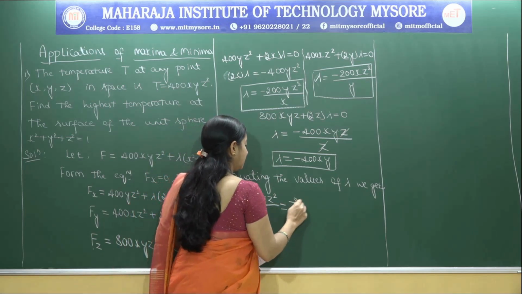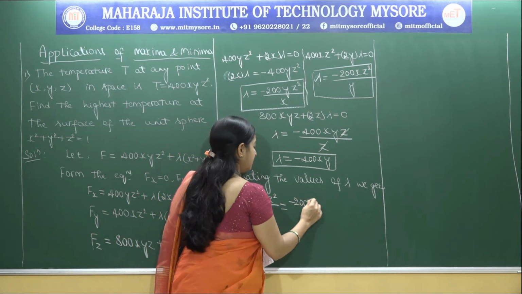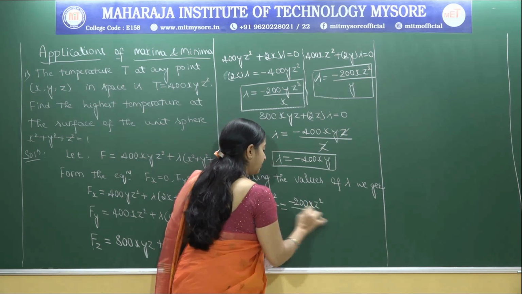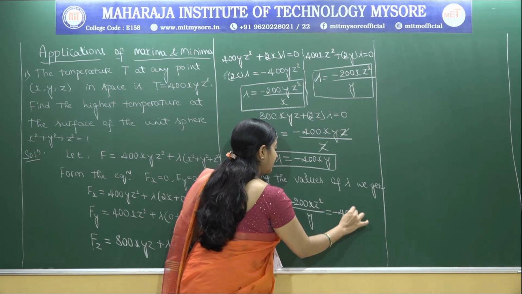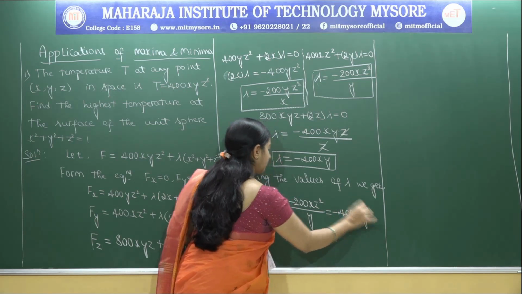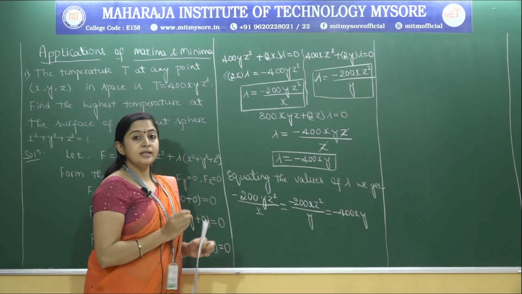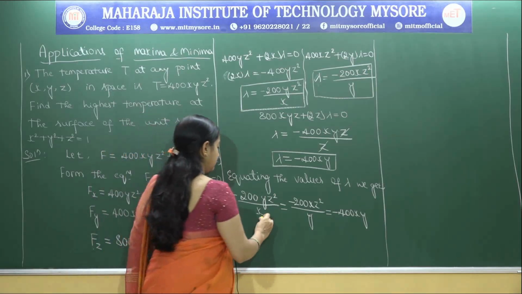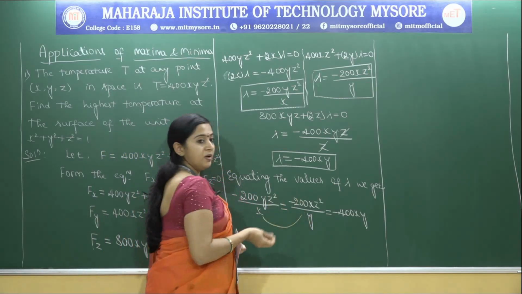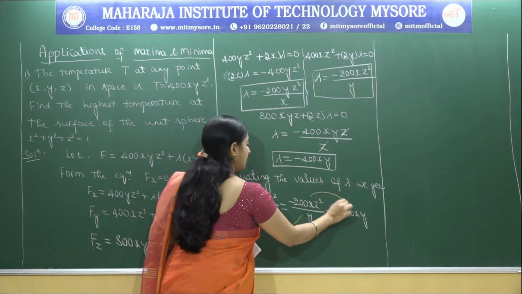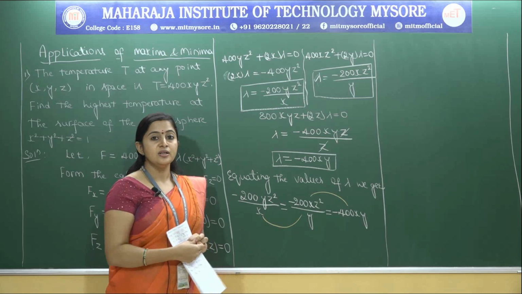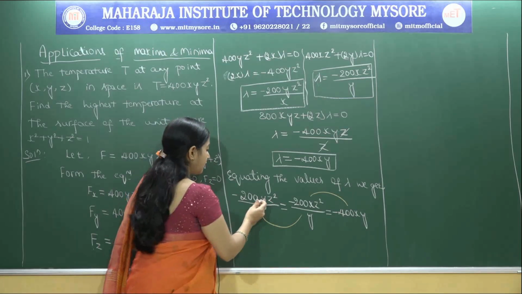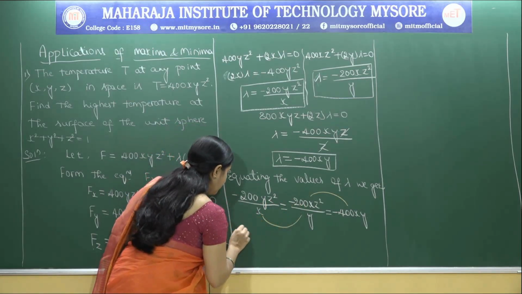Second part, minus 200xz squared divided by y. The third one, minus 400xy. Then equate the first and second part, then the second and last one, or the third one and the first one. You will get the points. So the first one, equate these two.